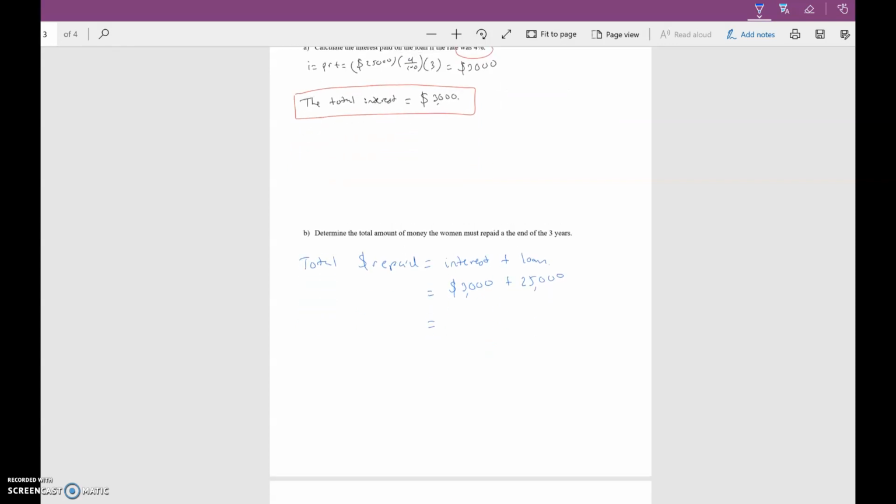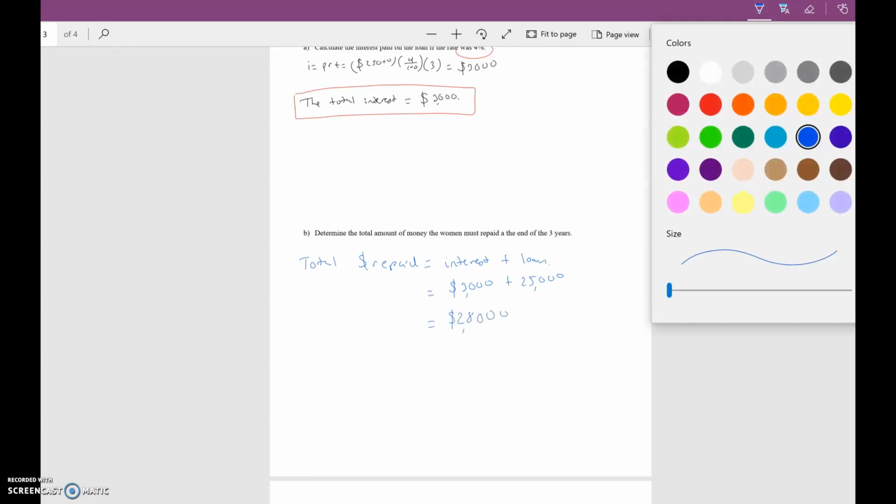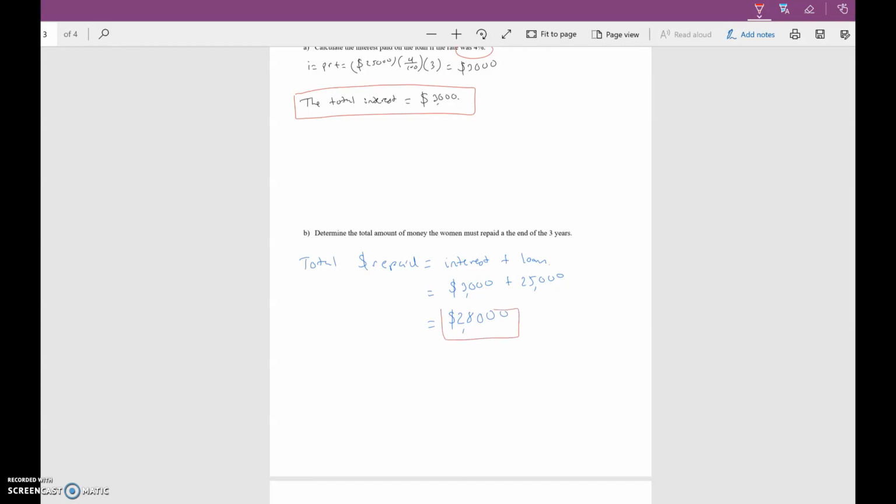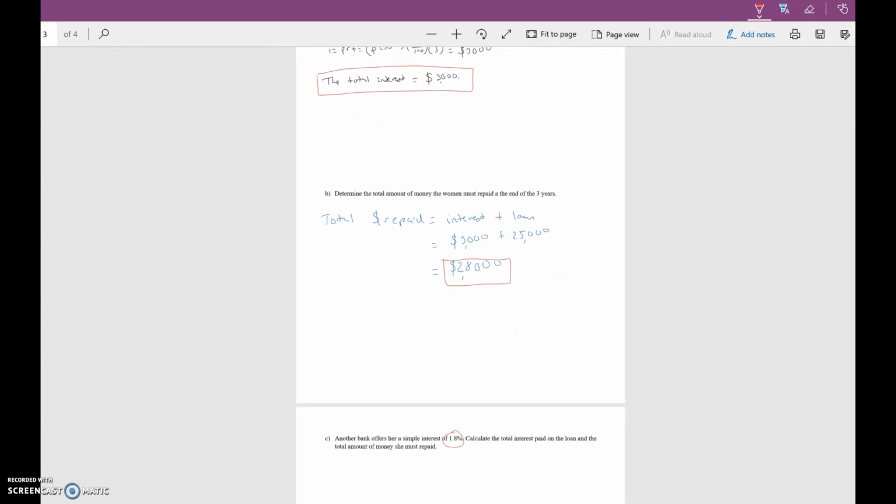So total money repaid is going to be $28,000. And let me just rewrite it as a sentence. So total money repaid at 4% is exactly $28,000. So that's with the interest at technically 4%.